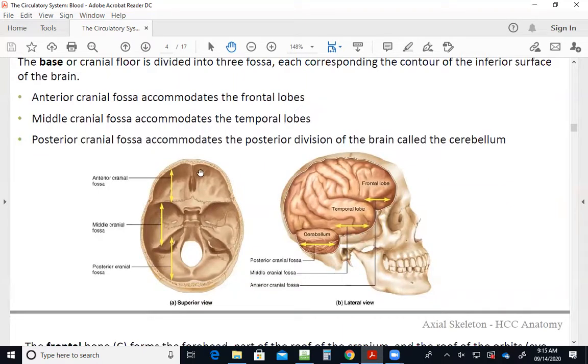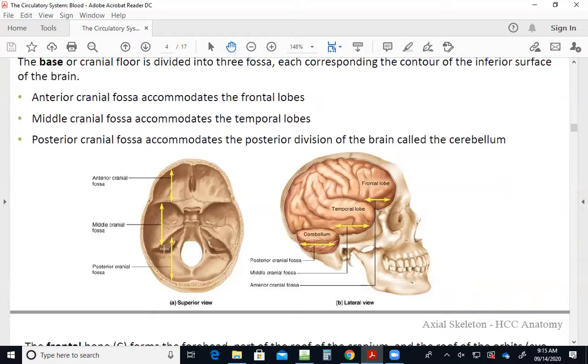Okay. This illustration over here on the left side is a superior view looking down at the floor of our cranial cavity. What we've done is we've popped the top of the skull off, and we're looking down into that. It's a little more tricky to tell what's front and back, anterior, posterior. So I always tell students to find this big hole, and I use the term big hole because that's what the term foramen magnum translates to mean.